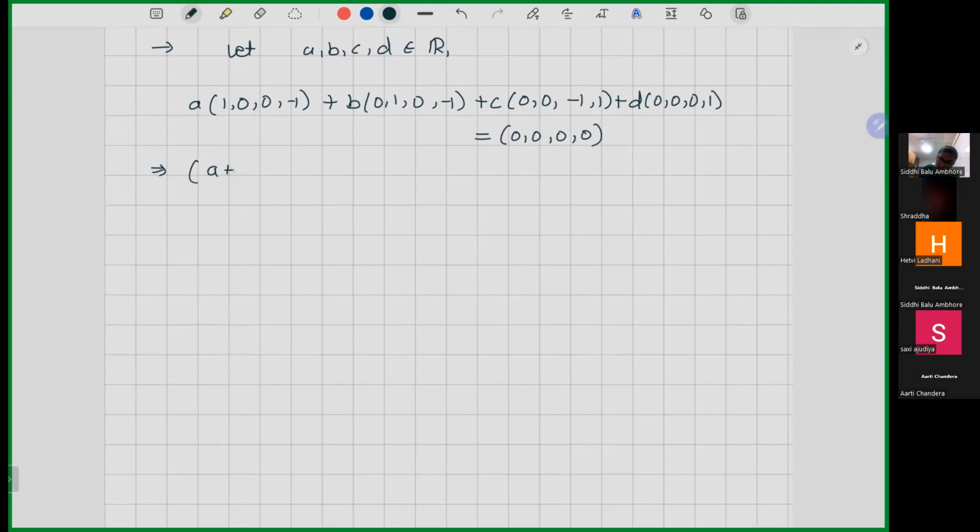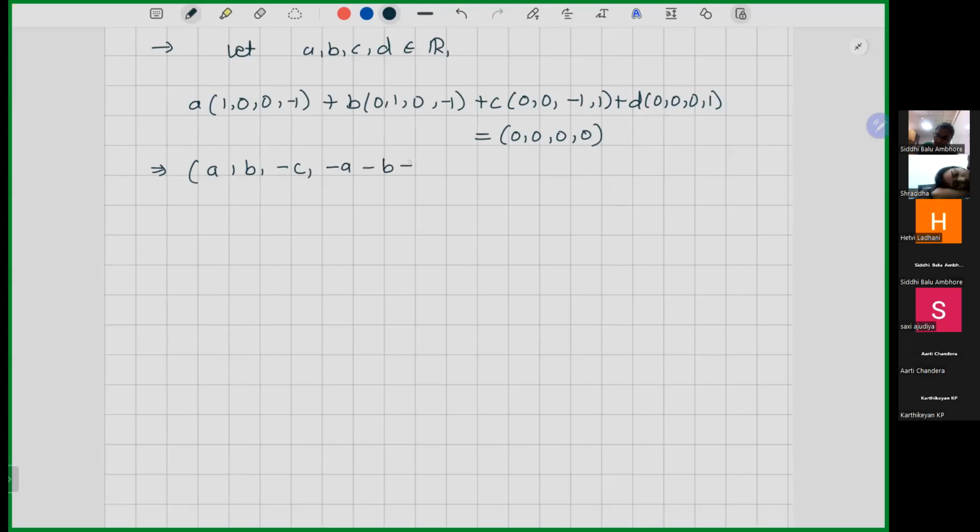Then it will be A, then B, then C, and the last coordinate is minus A minus B minus C plus D. The first coordinate is only A. And this is equal to (0, 0, 0, 0).